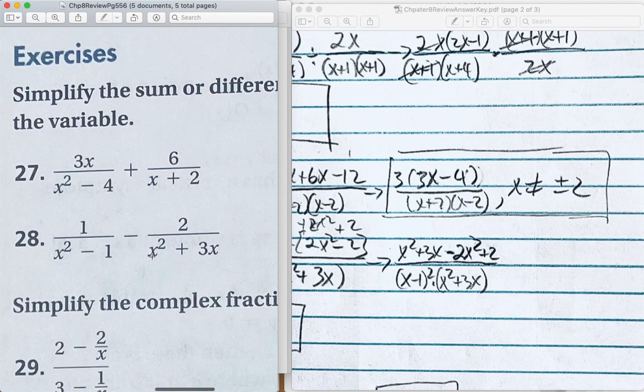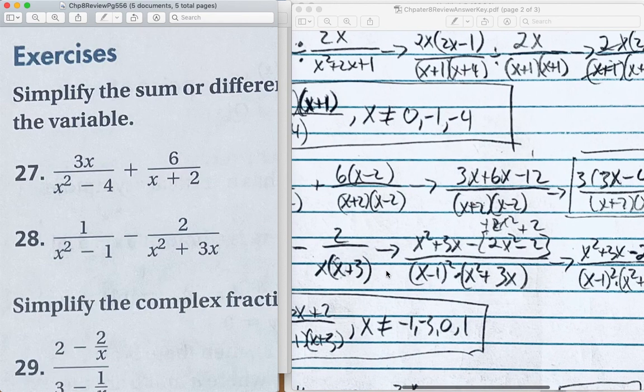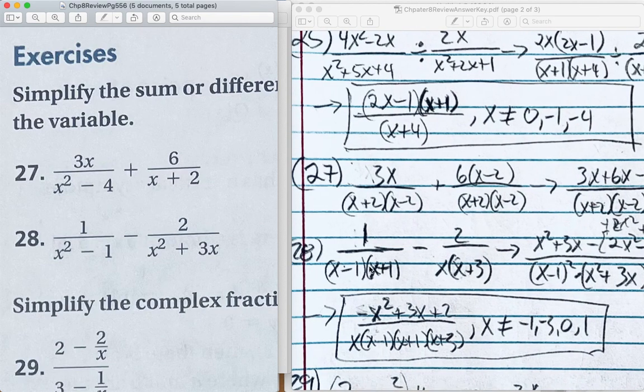Here for 28, I have 1 over x squared minus 1 minus 2 over x squared plus 3x. Same thing. I can factor this x squared minus 1 and make it x plus 1 times x minus 1. I can factor out an x here and call this x times x plus 3.